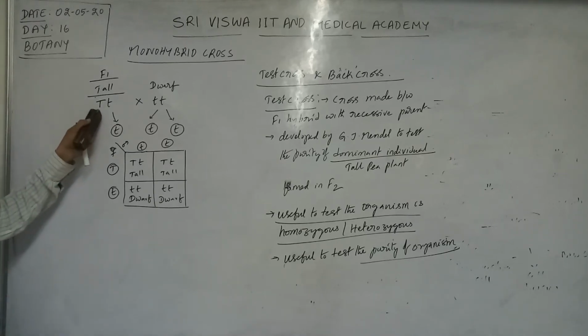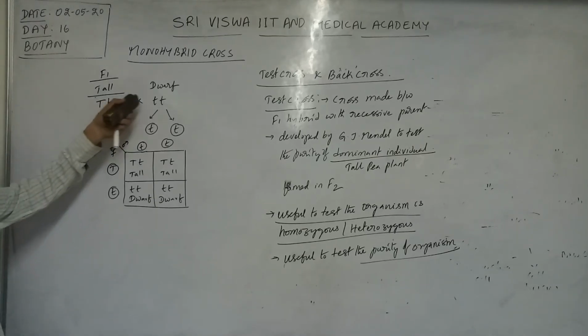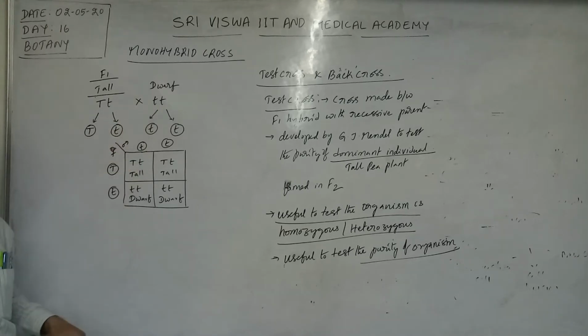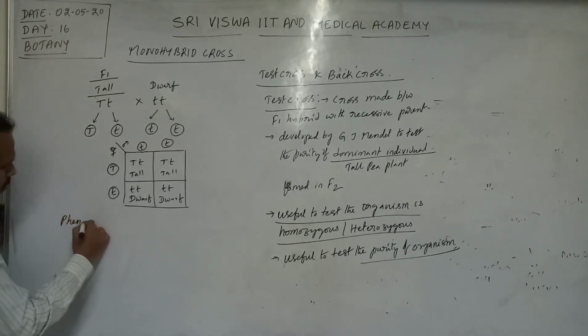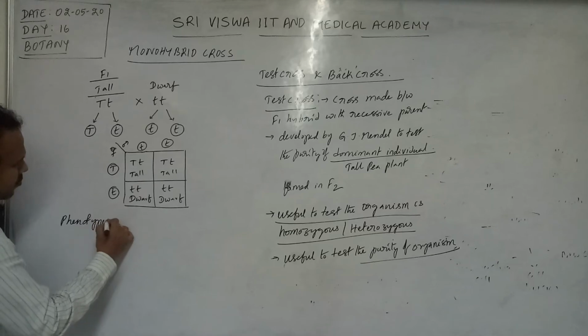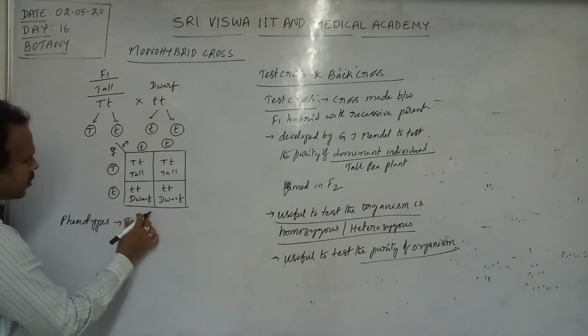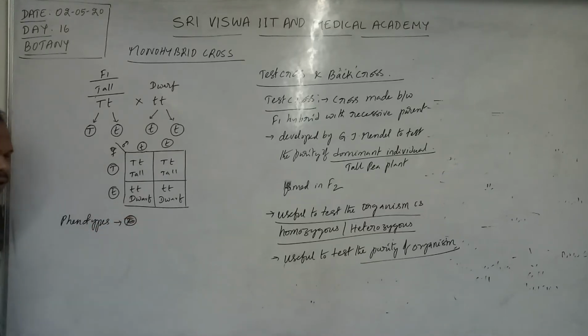So when a cross is made between F1 hybrid and dwarf plant or recessive plant, the progeny is produced in 1:1 ratio. Here analyze the phenotypes. How many types of phenotypes are formed in test cross? Two types of phenotypes.